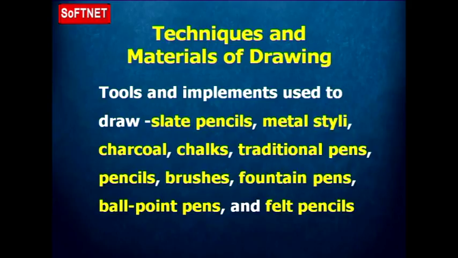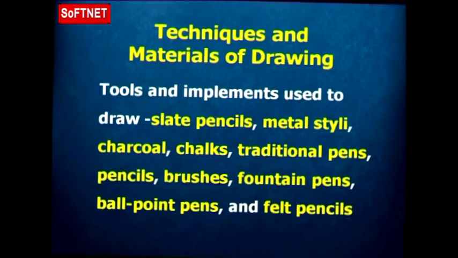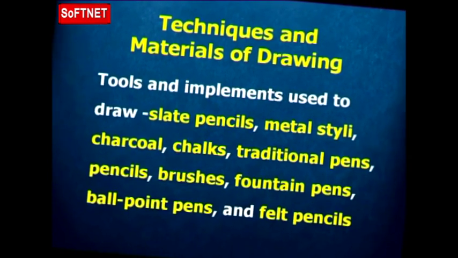Chalks, for example, are the white chalk pieces that we have, and similar material you get in different colors, like dry pastels. So chalks and dry pastels, and pens like ball pen, croquis pen, fountain pen, or traditional pens, and earlier artists used to make their own pens.